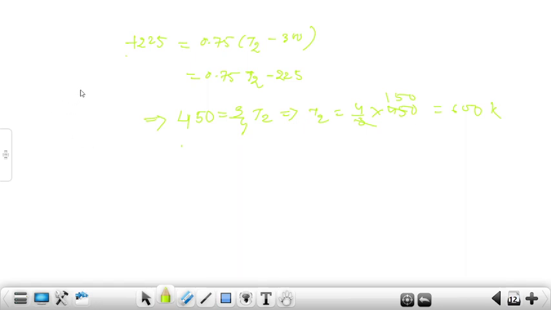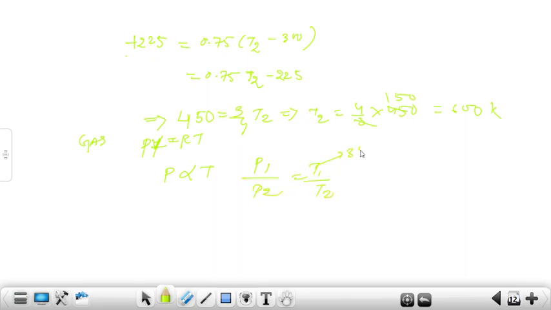So at constant volume, from the ideal gas equation PV is equal to RT, volume is constant, so pressure is directly proportional to temperature. P1 by P2 is equal to T1 by T2.